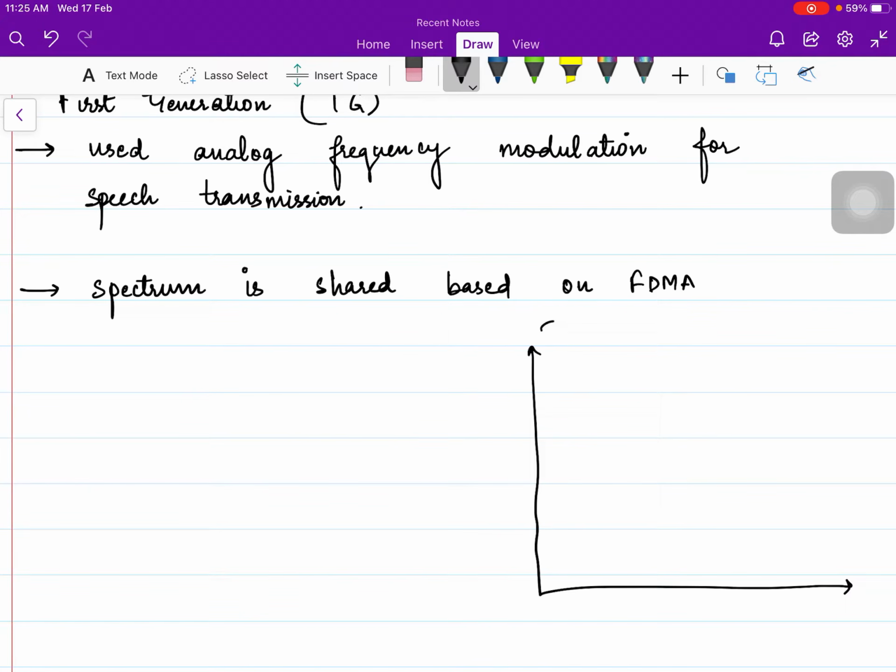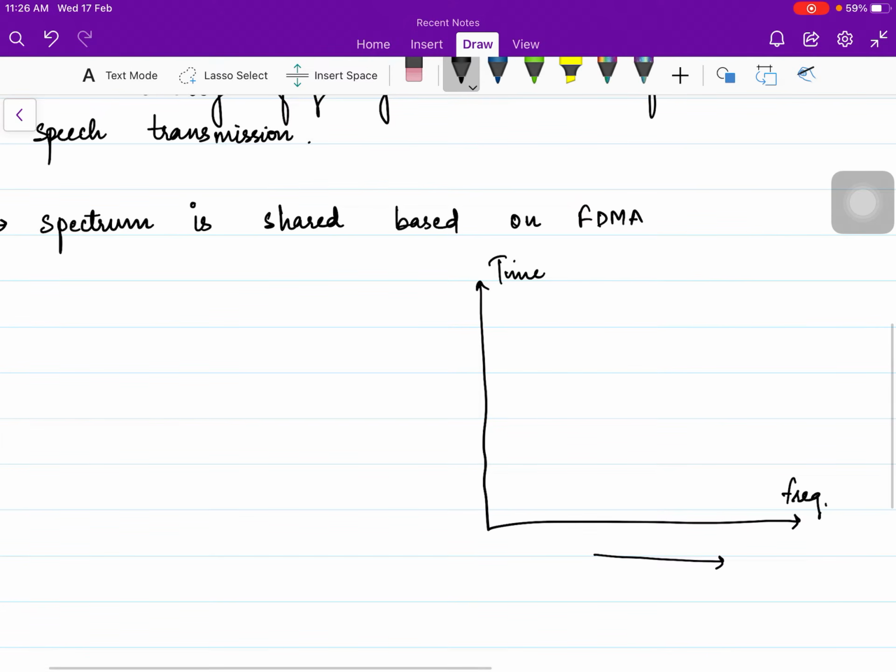See, this is time and this is frequency, that means the spectrum. If the spectrum is shared by the FDMA technique, frequency division multiple access means the frequency will be divided. If there are 5 or 6 users, the spectrum will be divided accordingly, and each user will be allotted a particular frequency band.